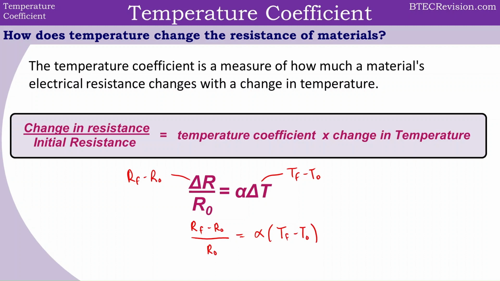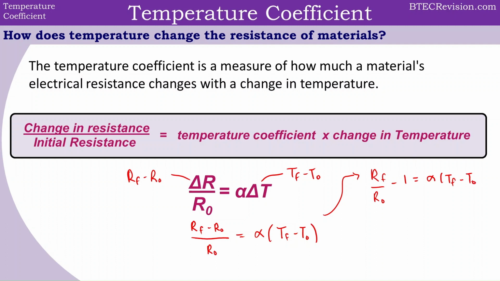And now we can simplify this. We have resistance final divided by resistance initial, take away R naught over R naught, which is 1. That's equal to the right side of the equation.